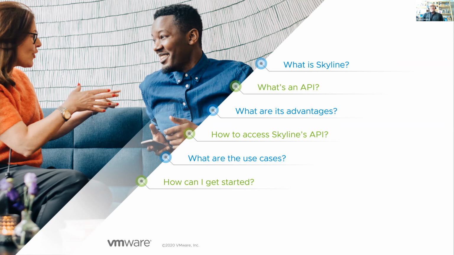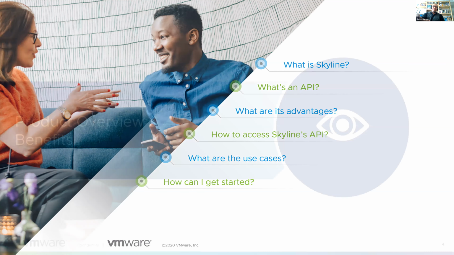And then we're going to end with some common use cases, including ServiceNow, to show you how you can leverage the tool to make your life easier. And for those of you who can stay to the very end of the session, I'm going to show you how you can get access to the Skyline Automation Toolkit. You're going to want to definitely hang on for that.